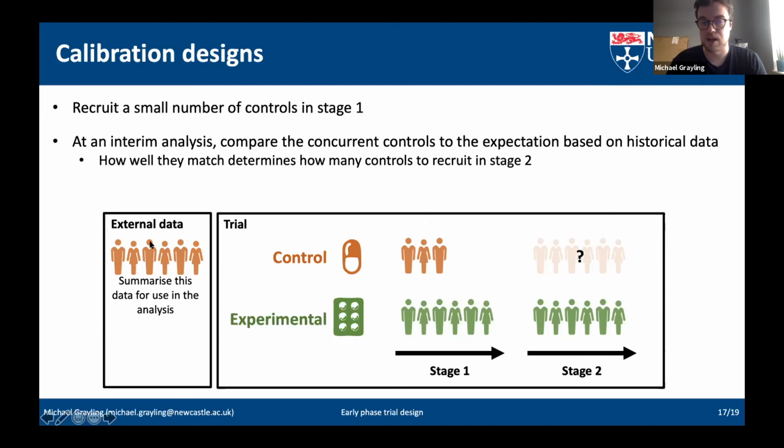So you compare your expectation from the historical data to the concurrent control data, and you use that based on how well they match to decide how many controls you need in the second stage of the trial. So you're hoping here that if you got your expectation right, that you then don't need a large number of control arm patients, and you get back to what looks like more like a conventional single arm trial by stage 2.